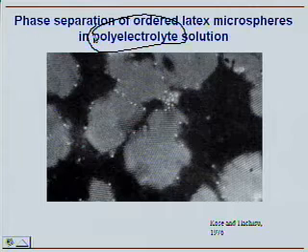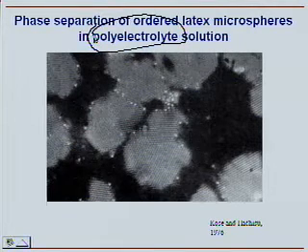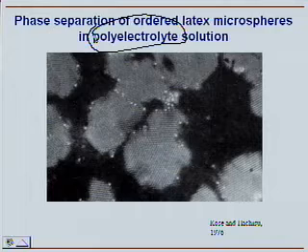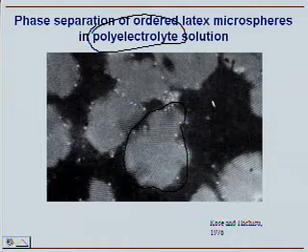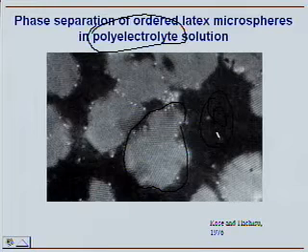So the polyelectrolyte is the key in particles getting together and forming these crystals. Now, if you take a look at that, you can see that essentially we have crystals, and next to the crystals you have an area where there is nothing, no particles.